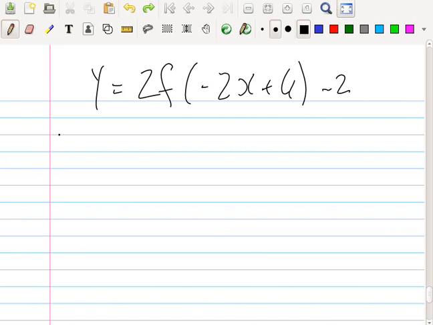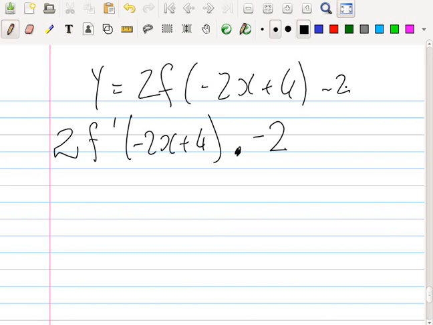Chain rule. So you have 2, and then remember the chain rule, you differentiate the outside, and then you multiply by the derivative of the inside, which here is minus 2. And you want this here to equal 0.